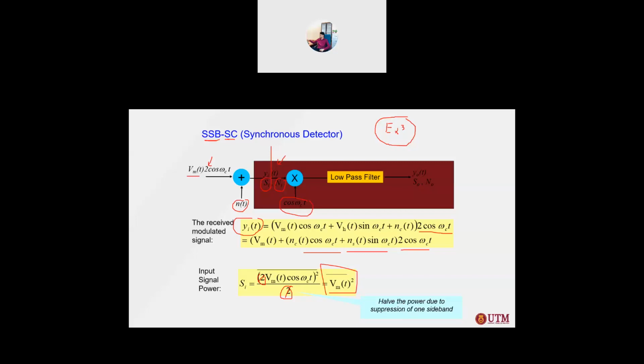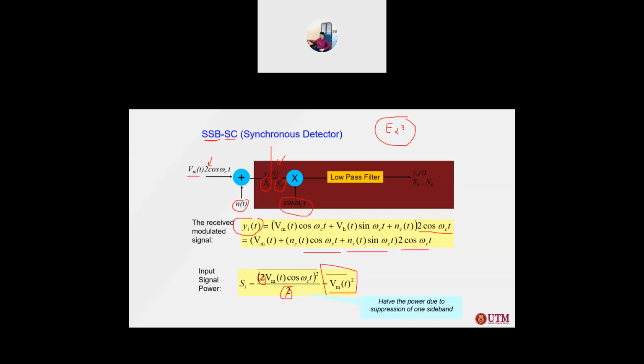SSBSC detector. Cos omega ct. Okay, you see here, if you see in the module, turn to page 62 of your module, and look at below equation 2.49.